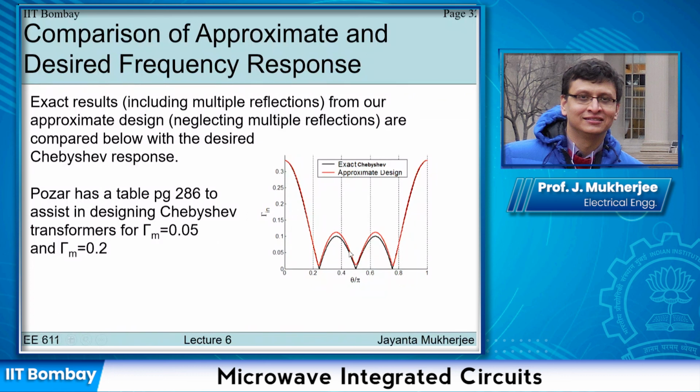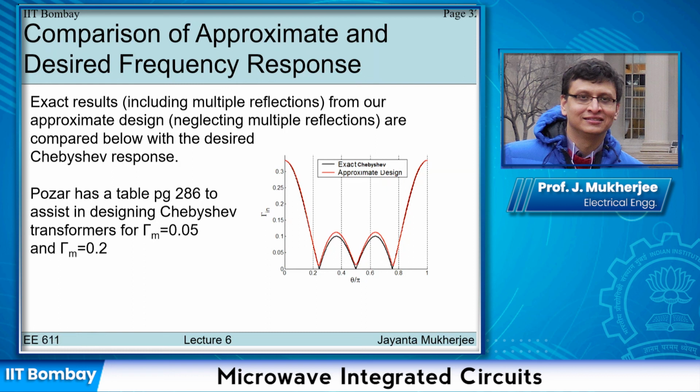So this is the gamma in plotted from the Chebyshev prototype function, and this red curve shows the plot obtained by solving for the various z's of this three section Chebyshev matching network, and this red line has been obtained from ADS, whereas this black line has been obtained from the exact equation.